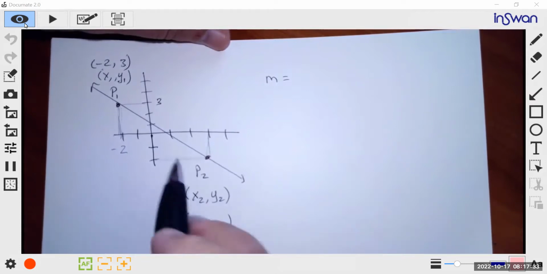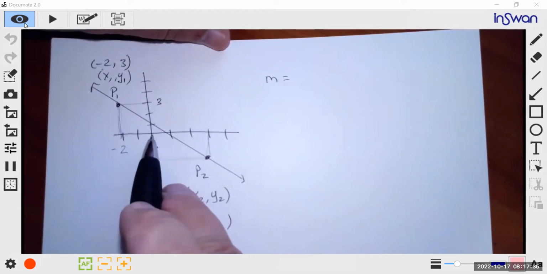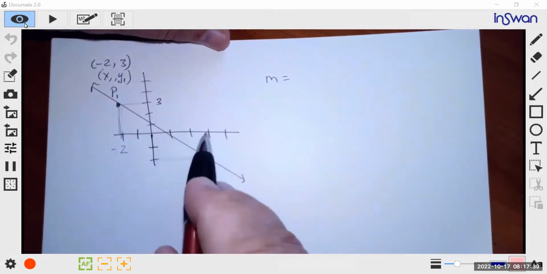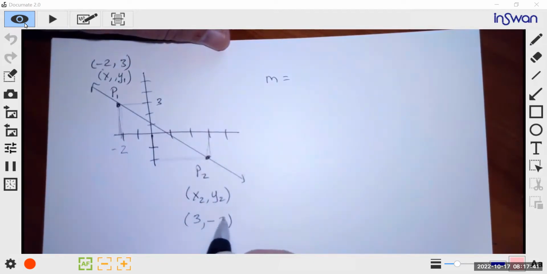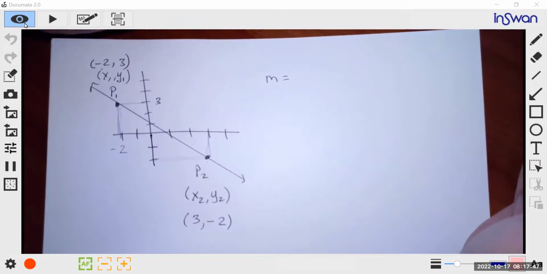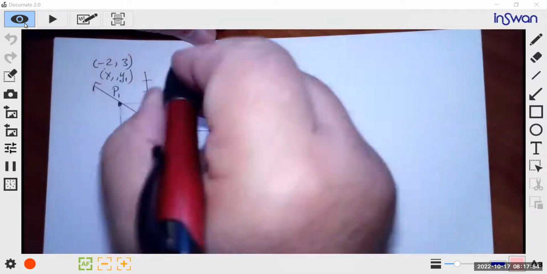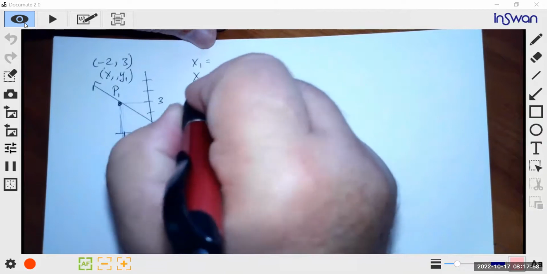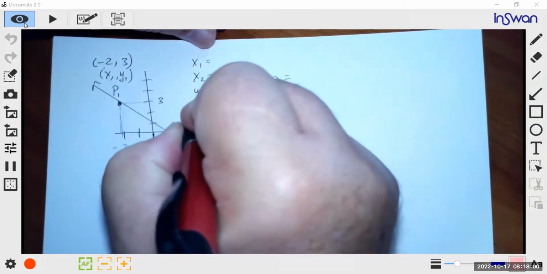And likewise in point 2, we have to go to the horizontal first. 1, 2, 3. So it's 3. And then down 2, -2. So if you're given a graph, first locate the 2 points that you're dealing with, write them out, label them x1, x2, y1, y2.